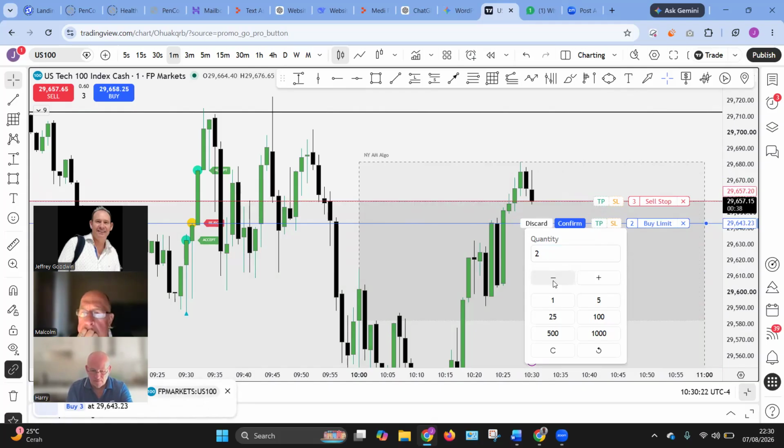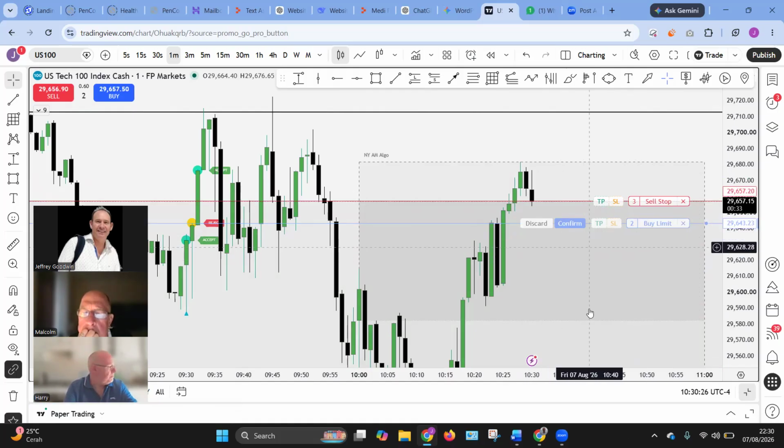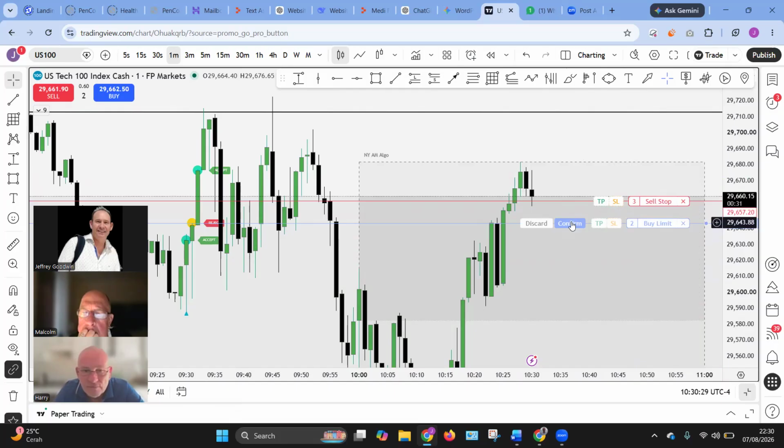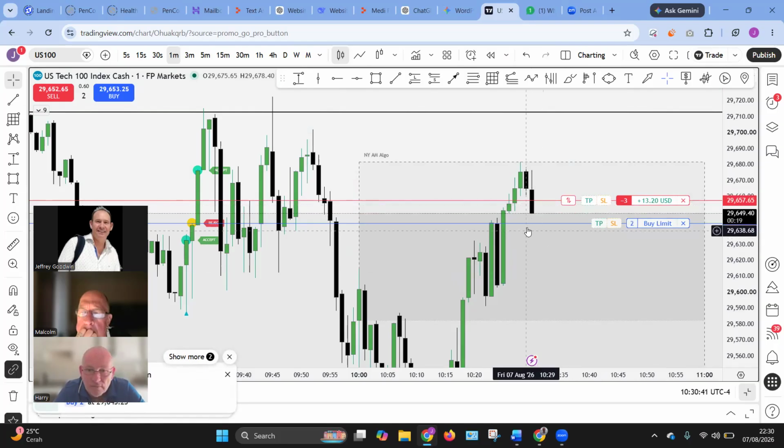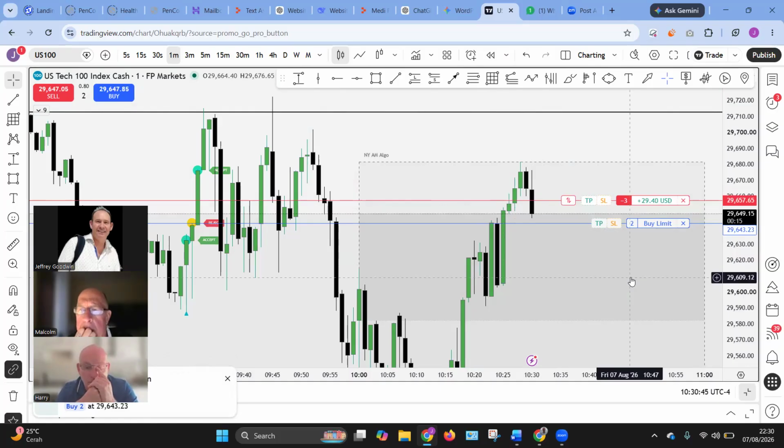Let's say I want to take 2 off. Then I would let 1 run. But it could reject off this high, if I can get this set up right. And I'll have 1 left. Just for this example, I want it to come down here to balance this price range.